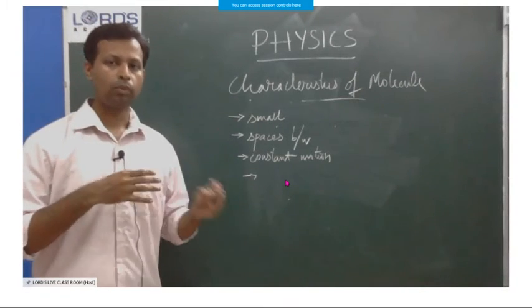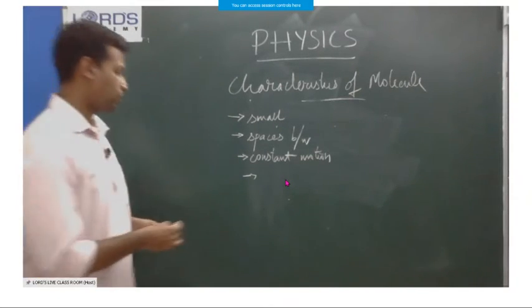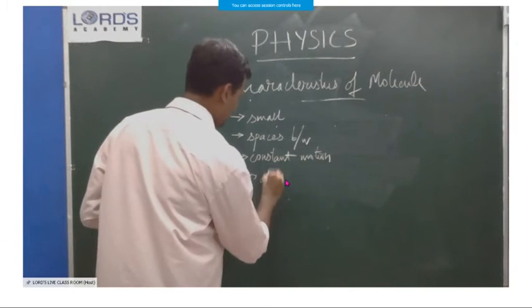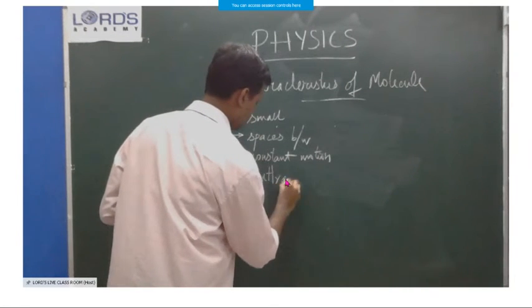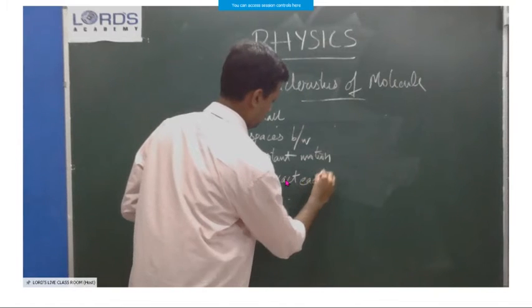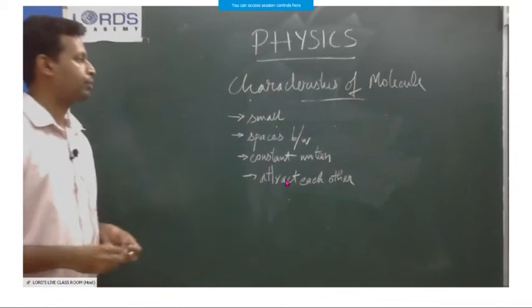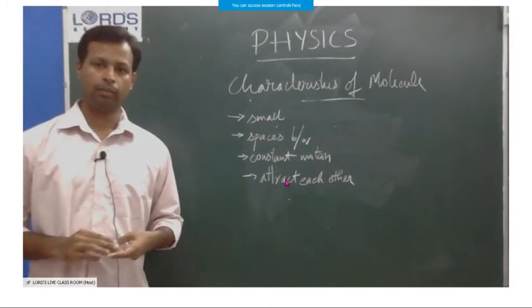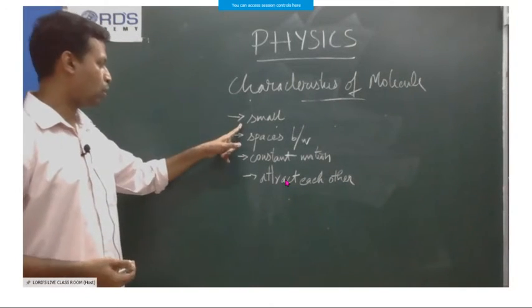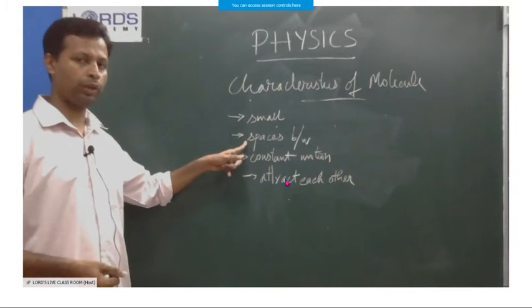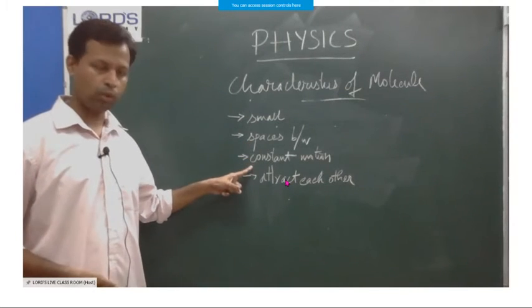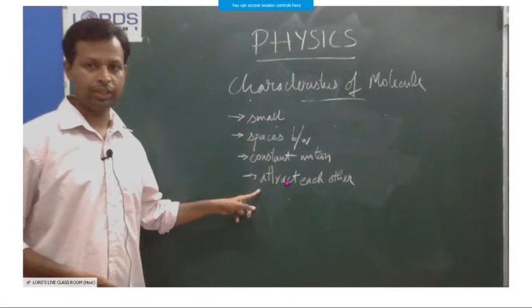Another point is they attract each other. These are the characteristics of a molecule: they are small, there are spaces between the molecules, they are in constant motion, and they attract each other.